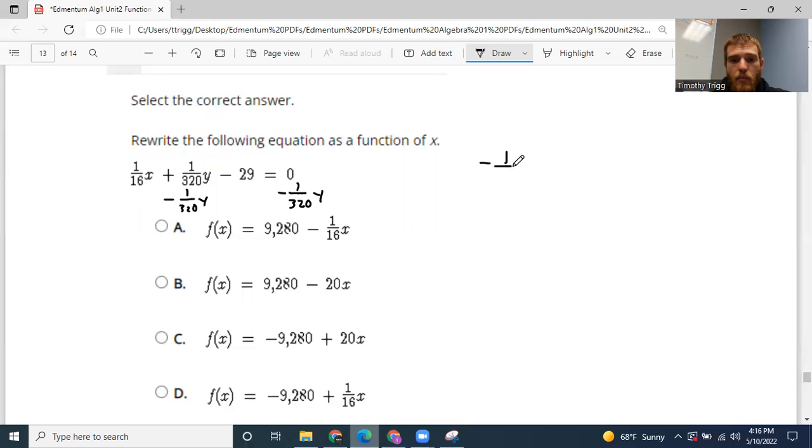So I've got negative 1 over 320y equals, and I'm going to put the other stuff on the other side of the equation. So I've got 1/16 x minus 29. Now to help us solve for y, how do I get rid of this fraction here?